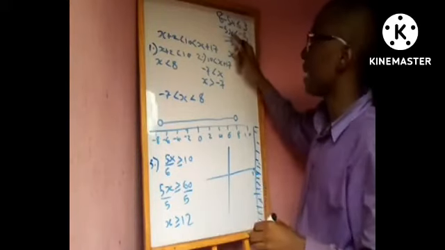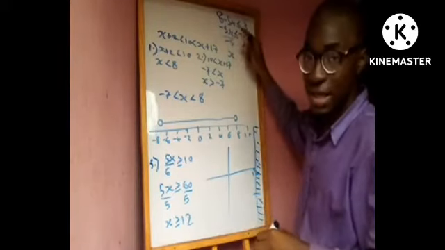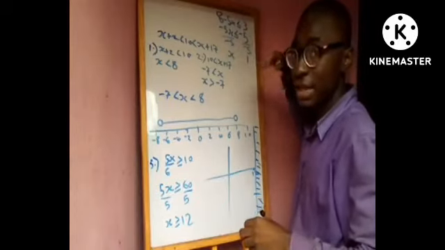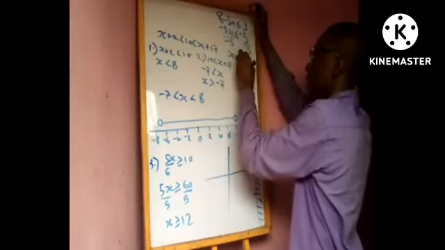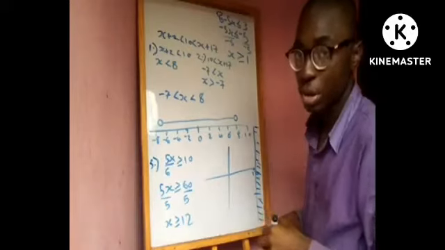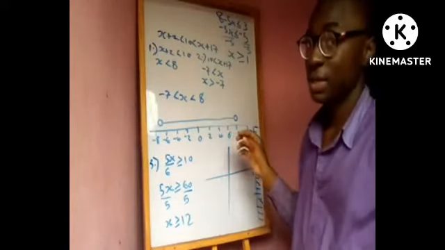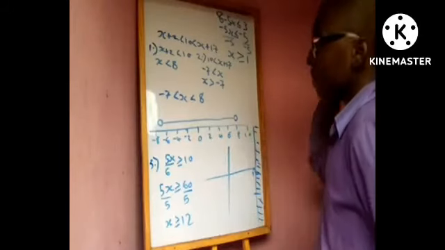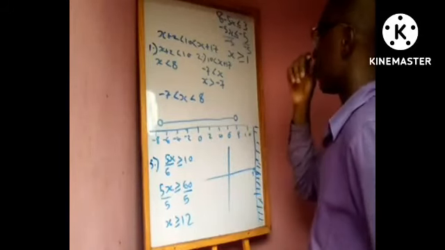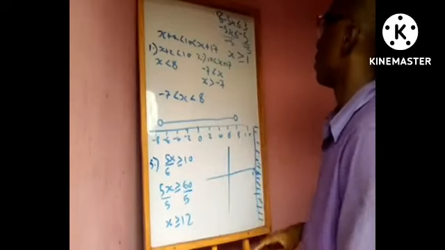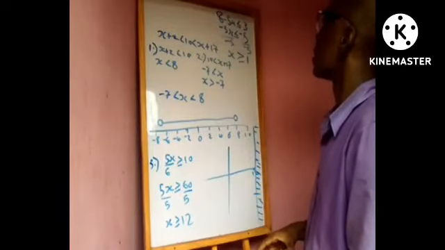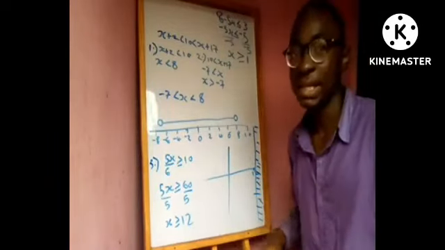So instead of less than or equal to, we'll have greater than or equal to. That means x is greater than or equal to 1 is the solution. That's what I mean by when you divide by a negative number, you change the sign. And even when you multiply by a negative number, you also change the sign.